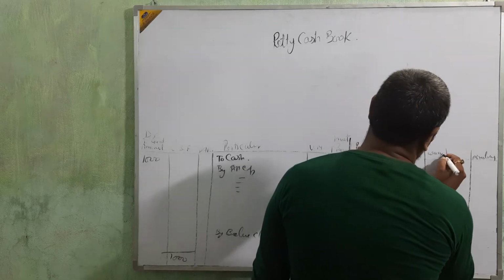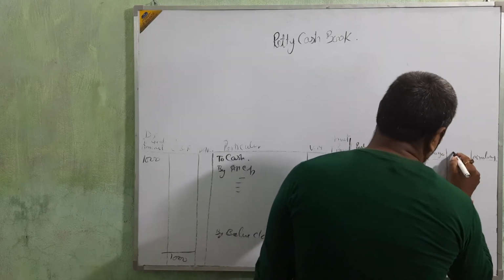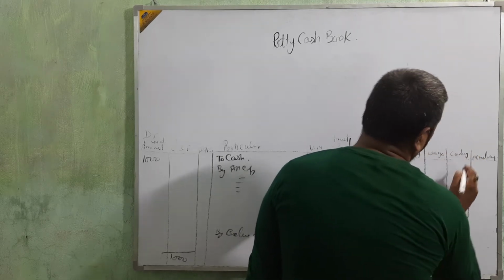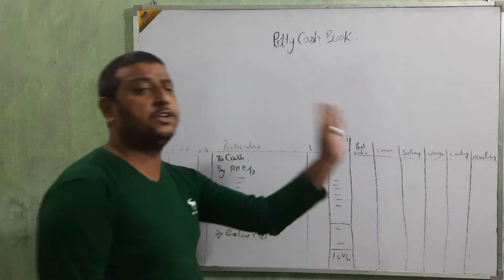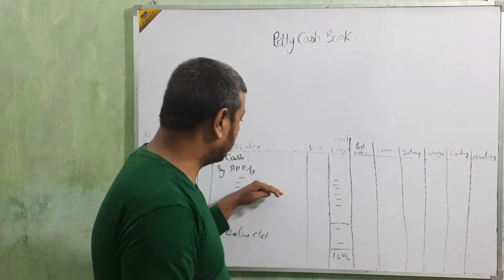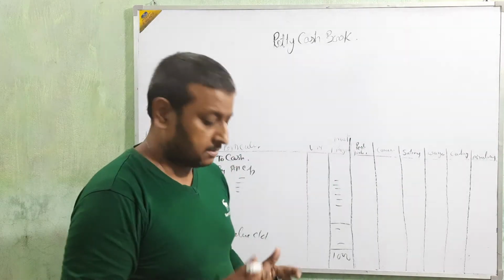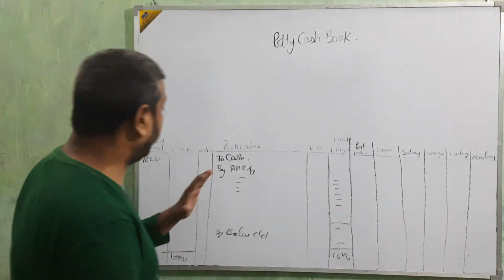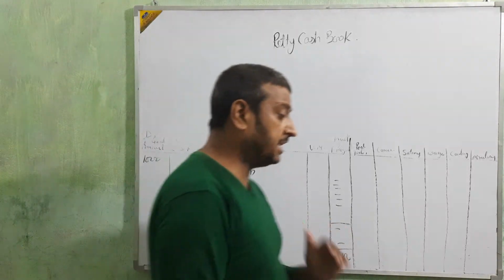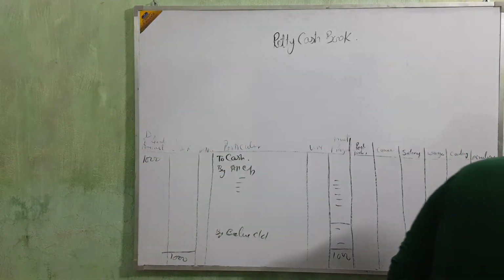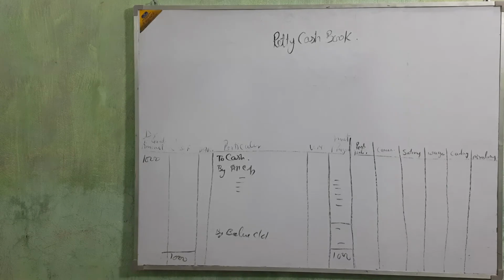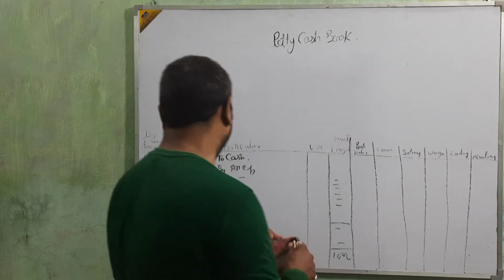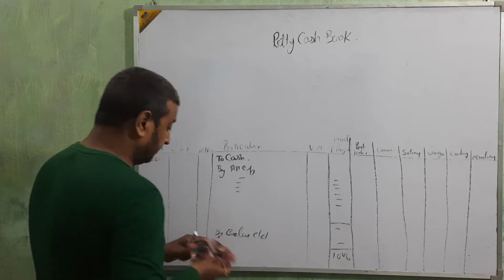Whichever expense is related to a column, we transfer that expense to that side. For that, I am going to take one illustration and try to explain how we make this Petty Cash Book. Okay, beta? Let's see.